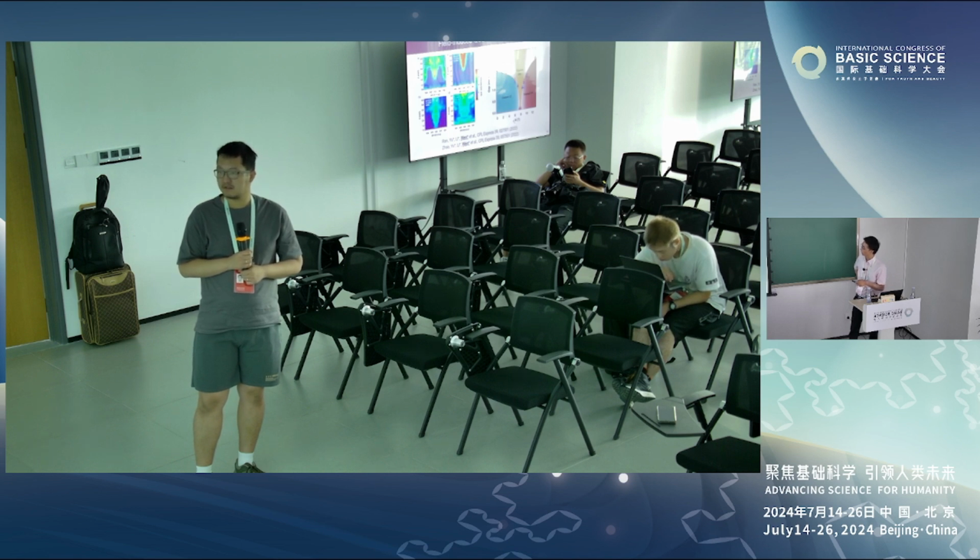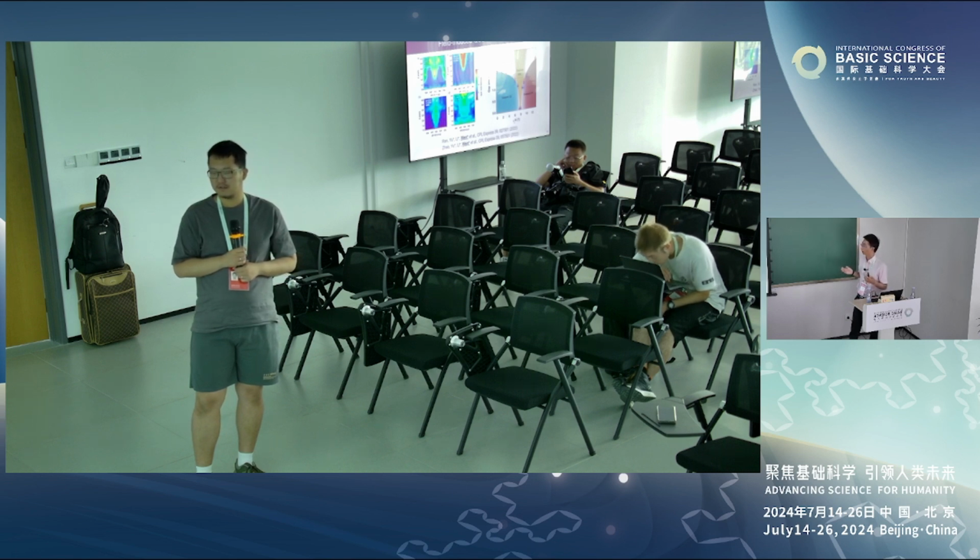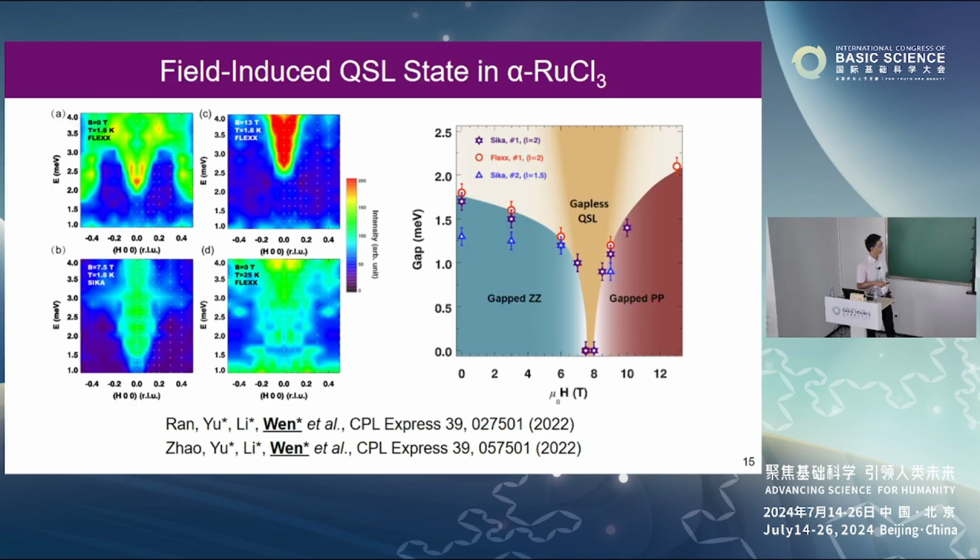Because at a magnetic field equal to 7.5 Tesla, it is a magnetically disordered state. So it doesn't have any spin wave originating from the M point. It only has this kind of continuous spectra at the gamma point. And this spectra actually extends to zero energy.